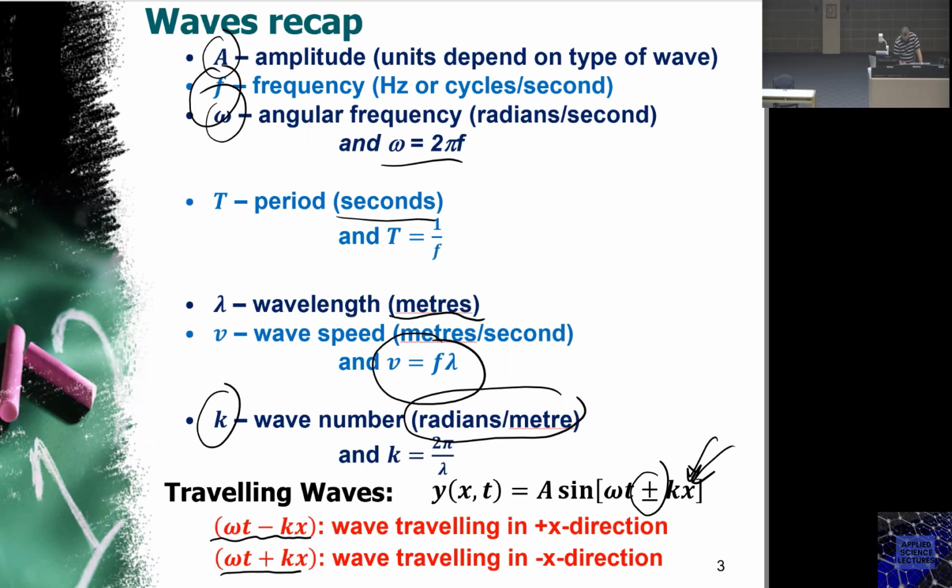So keep an eye on the sign between the omega t and the wave number times the space variable. This one defines if the wave is traveling in the positive or negative direction, and this space variable defines what axis this wave is propagating along.